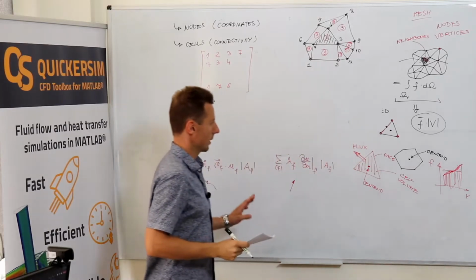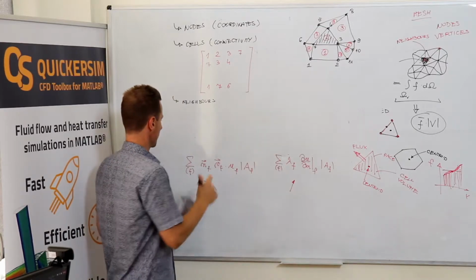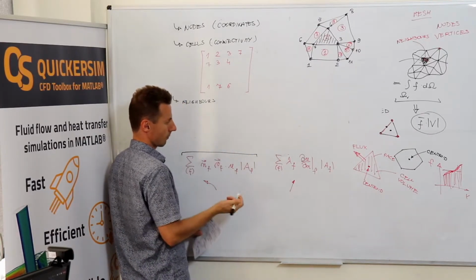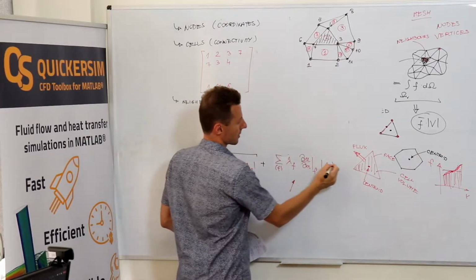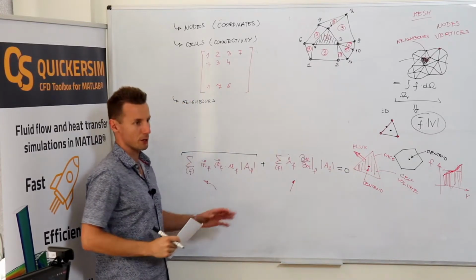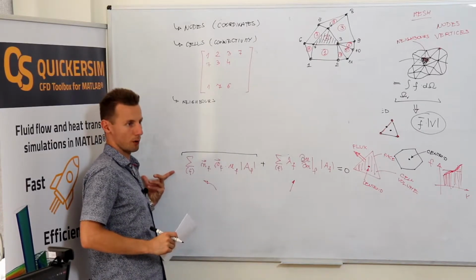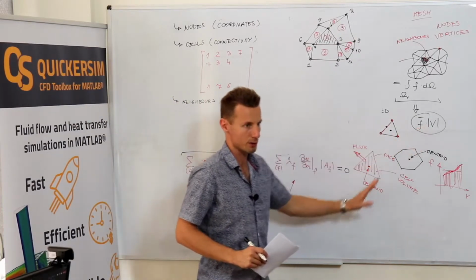Now see, right now I want you to focus. We said, actually, if we just write the plus sign equals 0, we already have the perfect formulation of the finite volume method. Just for the steady state, we've omitted the time derivative, and we've omitted the source term for a minute.